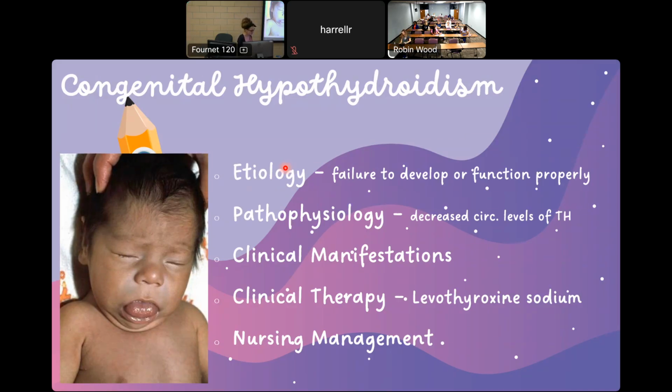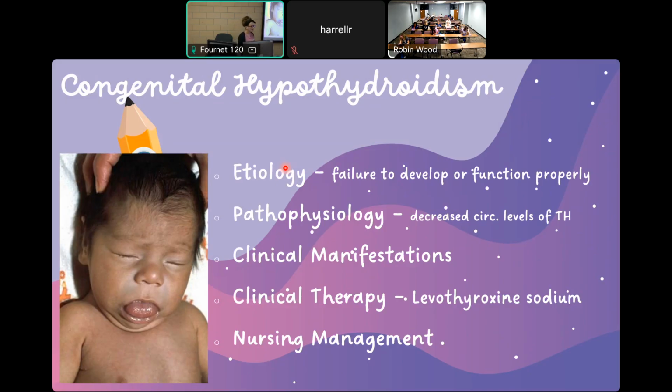So then as time goes on, they'll have delayed growth. If it doesn't get caught, they're going to fall behind meeting those developmental milestones. And with hypothyroidism, we see everything kind of slow down, right? So we can deal with constipation, even in infancy here.